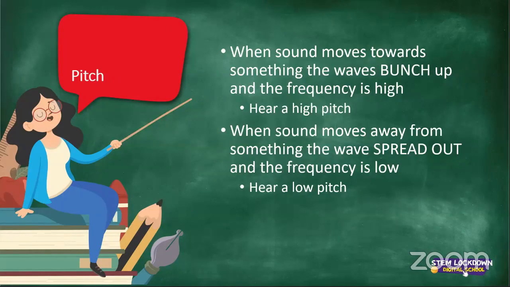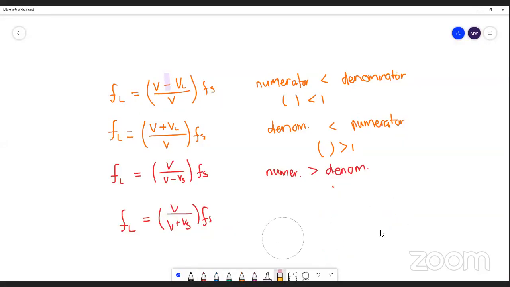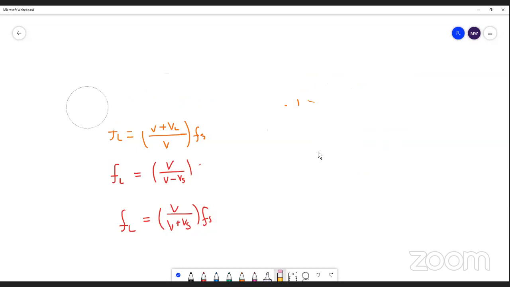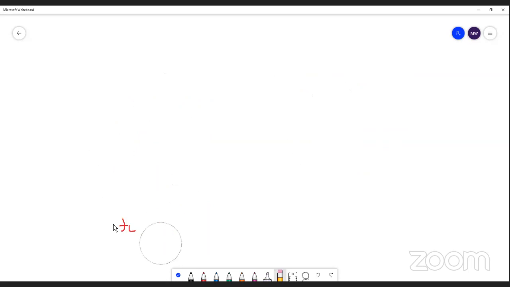Okay, so as they were saying, you have an ambulance and they're telling us, let me just write what they told us. They told us that the ambulance was emitting 700 Hertz, and that the ambulance was moving at 20 meters per second.